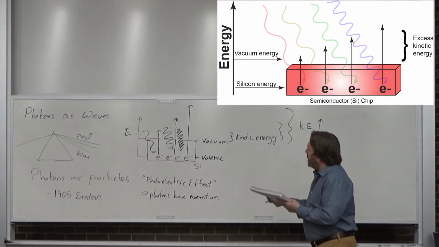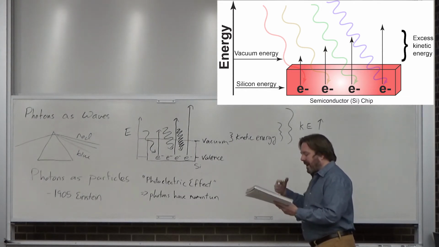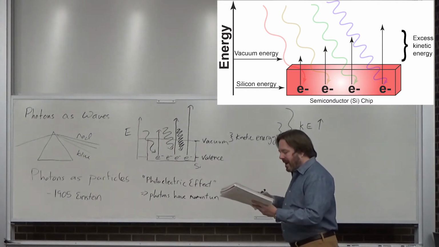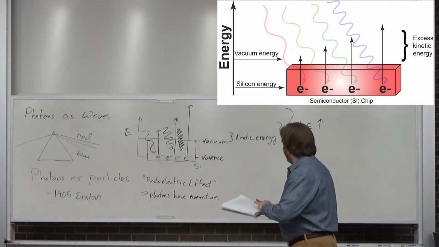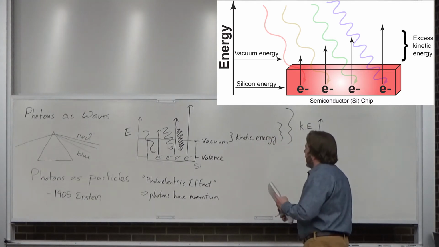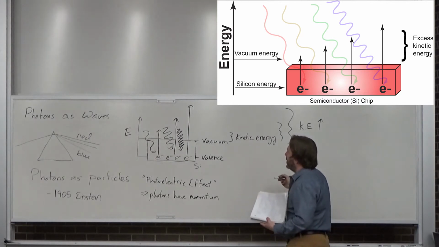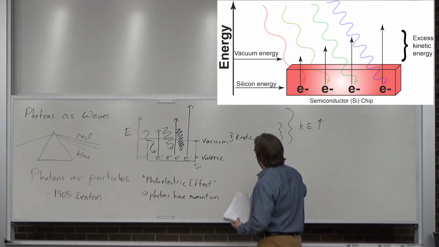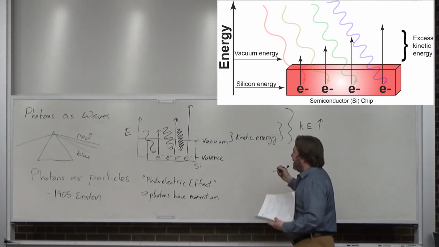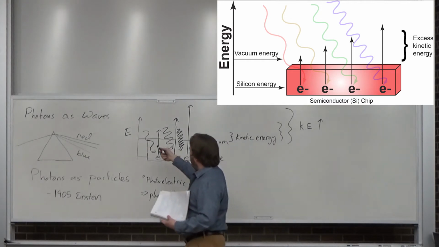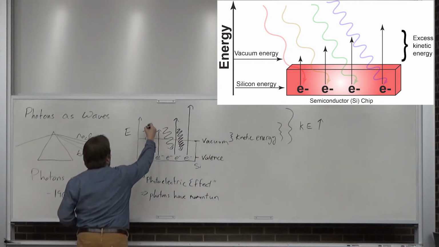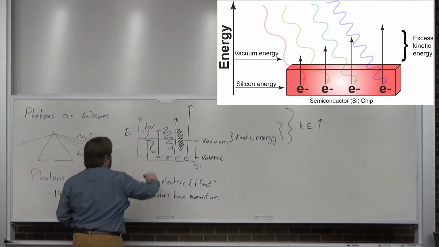Okay. One last bit about this, again, for your general education. What's kind of neat about this is that you can figure out Planck's constant from this. Now, as before, I mentioned that whenever I write down a photon, I'll draw a little wave with a circle, and I usually put a little h nu.